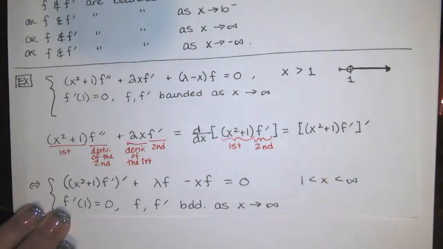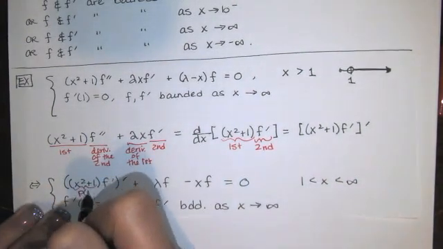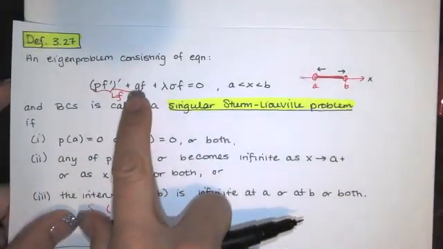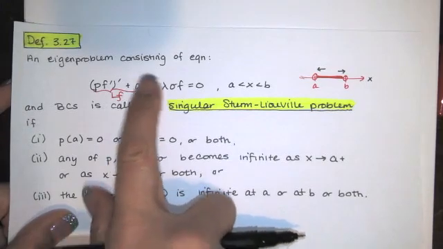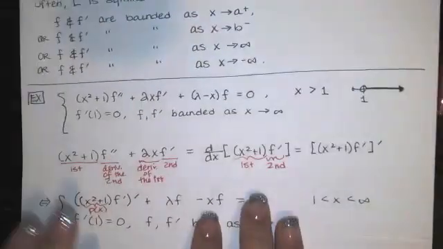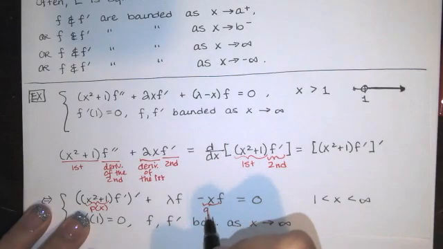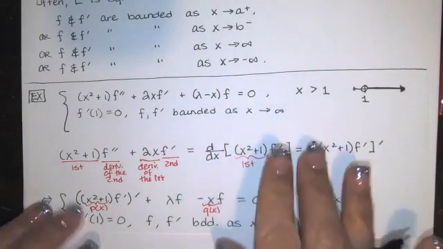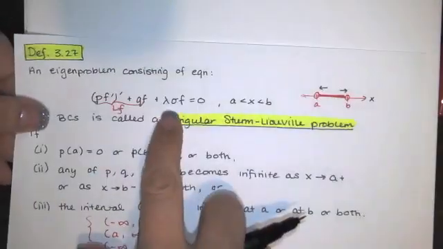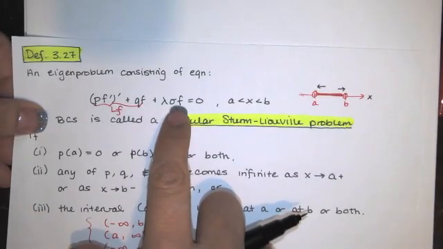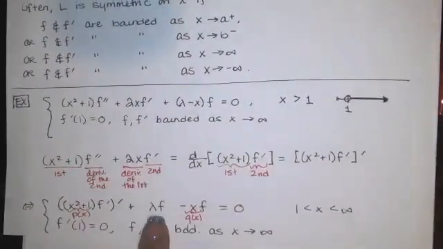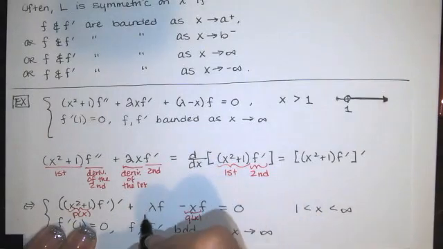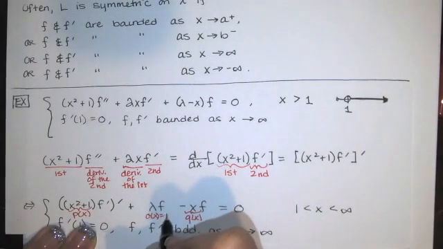So that's our P. Now, if we're pattern matching, Q is a function that's multiplying F that does not have an extra lambda multiplying it. So this is my Q. And the lambda times sigma times F is right there. It's that term. So it looks like sigma of X is equal to 1.